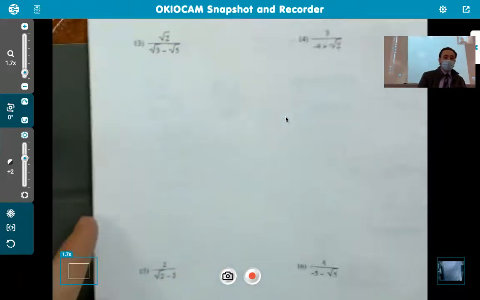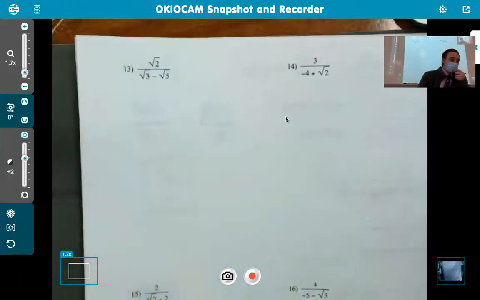Take a look at 13. Notice 13 is a little bit different. Doesn't change our process. We just have a root also in our numerator and in another term in our denominator, right? So we're dealing entirely with square roots. Like I said, this doesn't really change what we do in our process. What should I multiply the numerator and denominator by in 13? √3 plus √5.